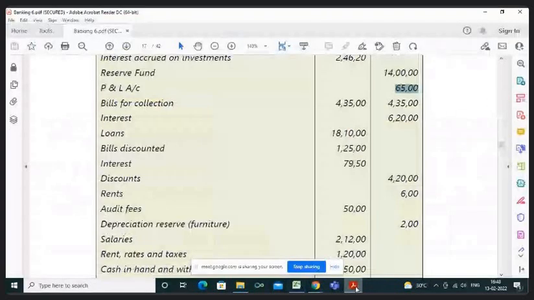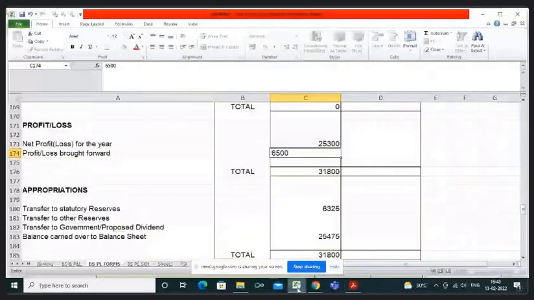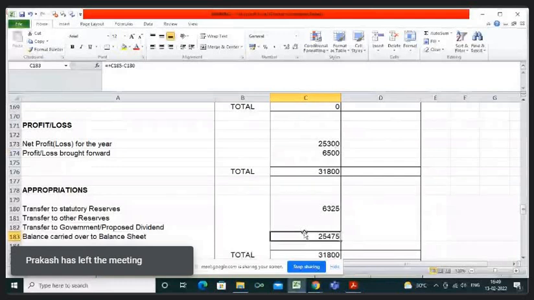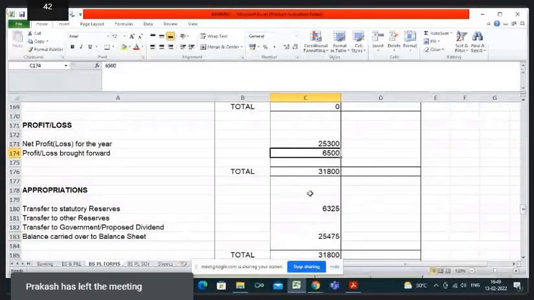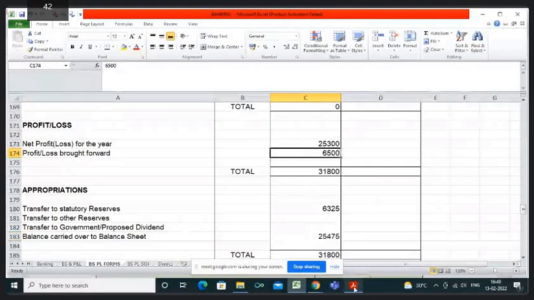So straight away we will move on to the face of the profit and loss account. There we will write profit or loss brought forward. How much is brought forward? 6,500. We will not write opening balance and then we will make the appropriations. Finally, we will take the balance to the schedule. So that's why we bring it here, profit and loss brought forward.